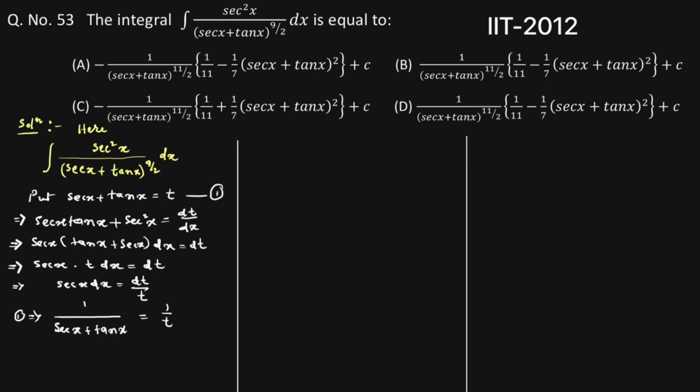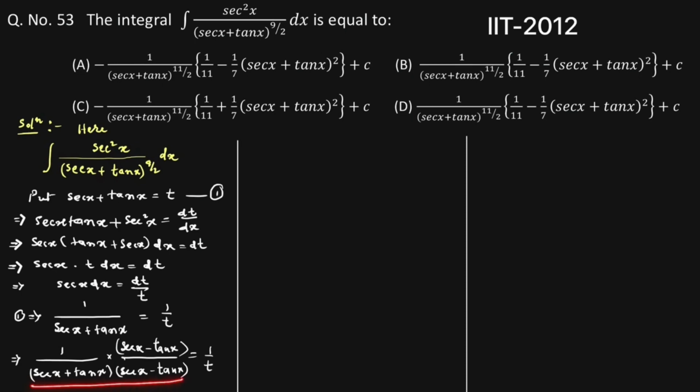After that, we rationalize the left hand side, then we will get 1 divided by sec x plus tan x into sec x minus tan x divided by sec x minus tan x, which is equal to 1 by t.